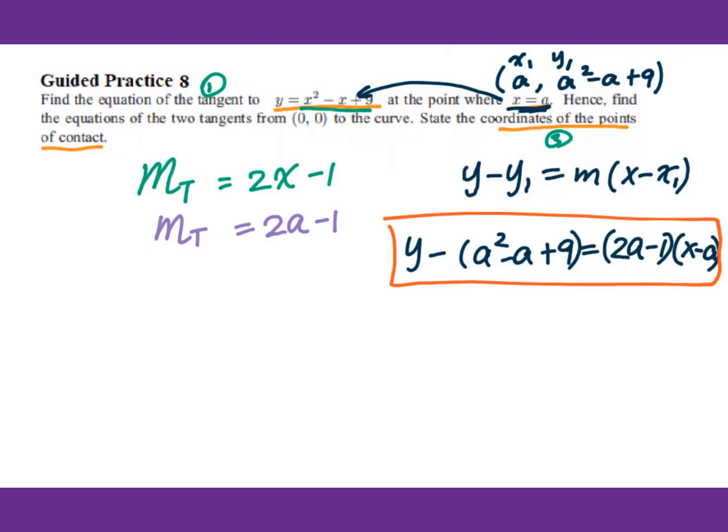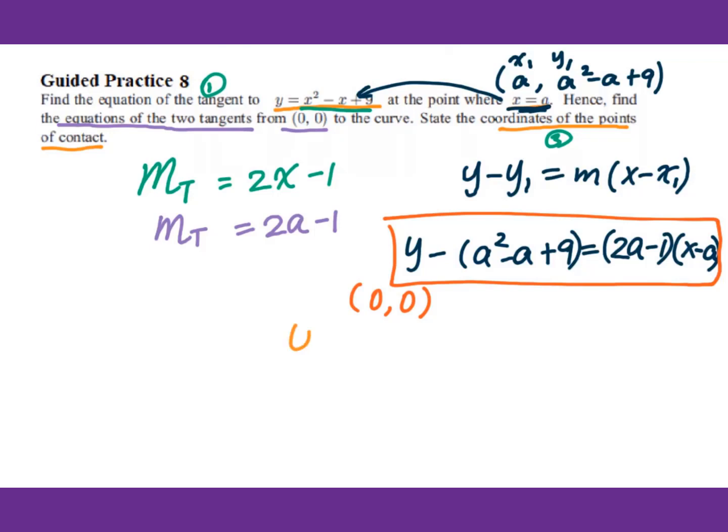Now let's go to the second question. We need an equation of two tangents from (0, 0) to the curve, which means (0, 0) is on this equation of a tangent line. So we plug in.